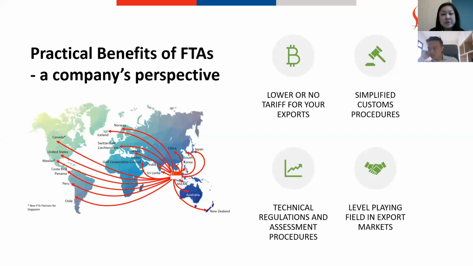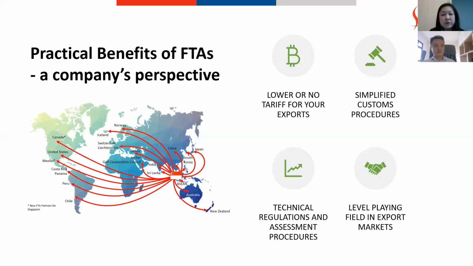Companies who source raw materials from member countries of the FTA can benefit greatly, as regional FTAs allow the accumulation of raw materials when assessing the origin criteria of their products. So not only do companies enjoy preferential treatment at importation for their raw materials, their final goods can also enjoy the same when exported.